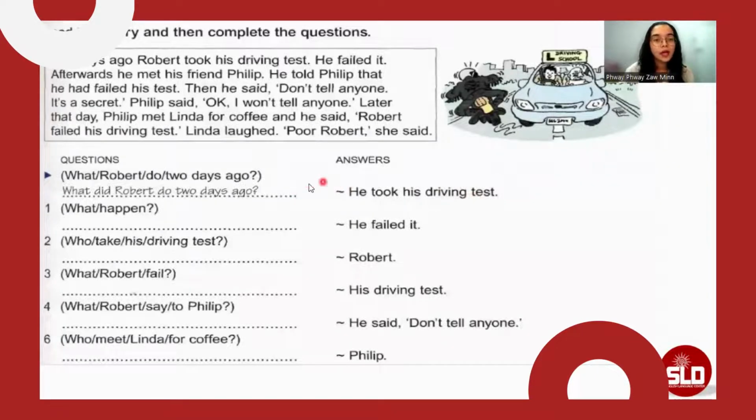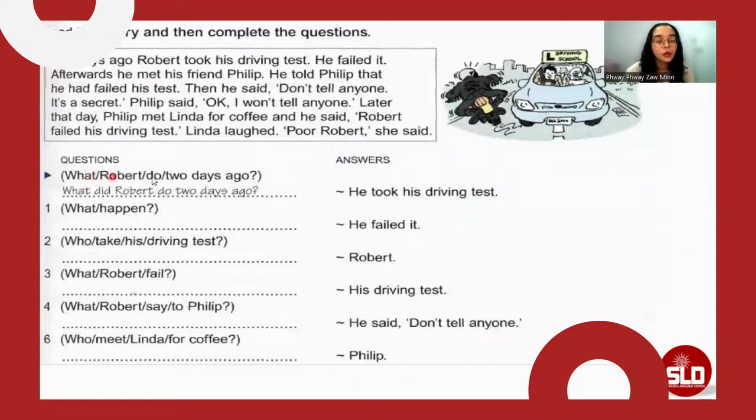All right, now read the story and then complete the questions. Yeah, so read it here. I'll give you guys about 2 minutes and we will make some questions. All right, so the first one, the answer is, who took his driving test?